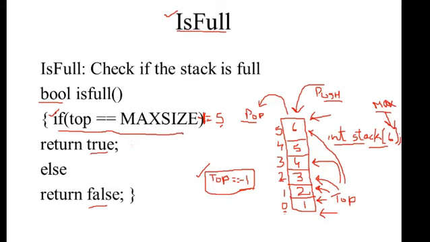But if you are using max size to denote the last index, that is 5, then the condition will be if top equals max size. So change this condition according to your requirement, because this is a completely user defined function and you have to use it according to your requirement.